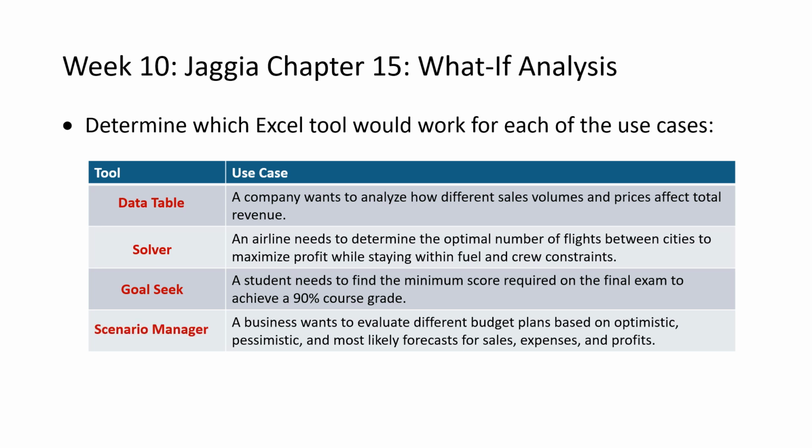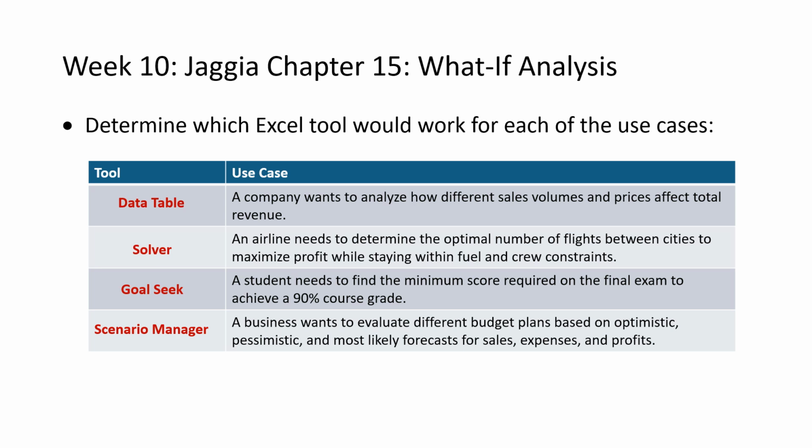And then Scenario Manager is very similar to Solver. In fact, their dialogues in Excel look really similar. Business wants to evaluate different budget plans based on optimistic, pessimistic, and more likely forecasts, right? So those are categories.